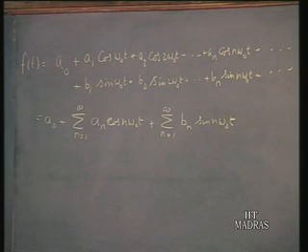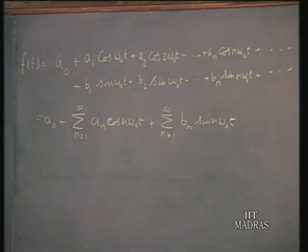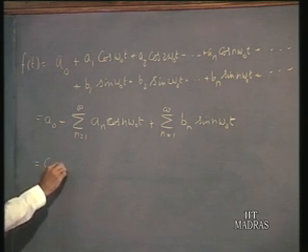So we have a whole infinite set of terms. It is also sometimes convenient to combine a cos term and a sine term together, because after all, cos theta and sin theta terms can be combined, and therefore we can have an alternative way of expressing this.